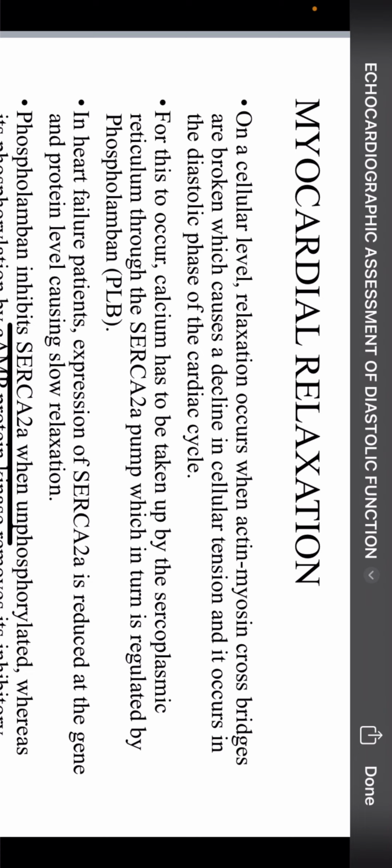Now, calcium is required. What is the function of calcium? Calcium is required for cellular contraction, because before the myosin attaches to its active site on actin, tropomyosin is blocking that active site. That's why it cannot attach.